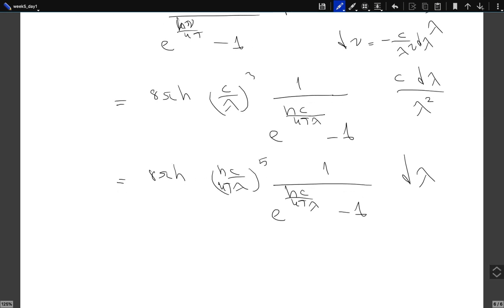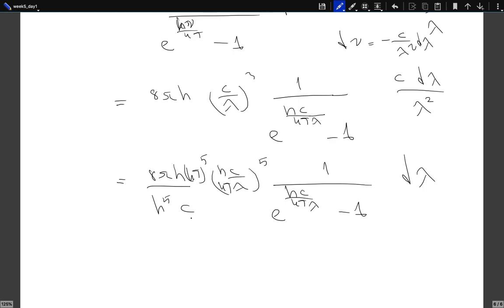Well, let me correct for the coefficients. Here I have just 1 h, so this is divided by h to the 5, kt to the 5th power, and here I have c to the 5, so there's another c over there.